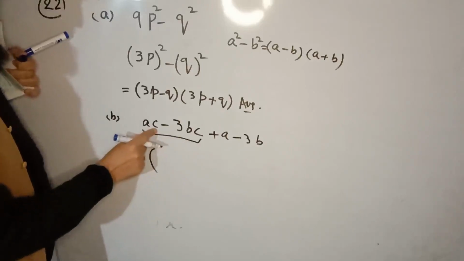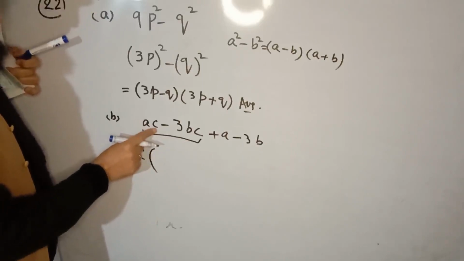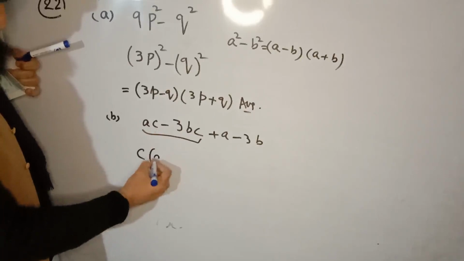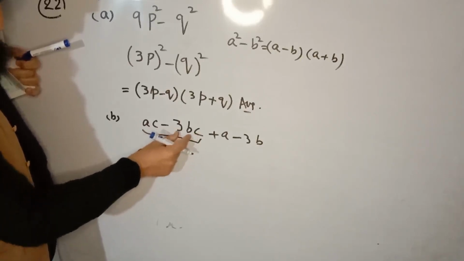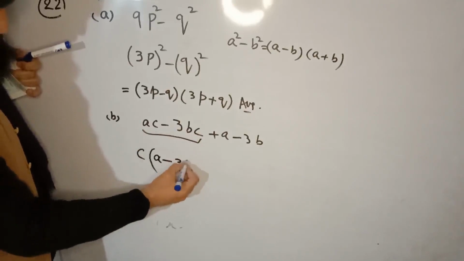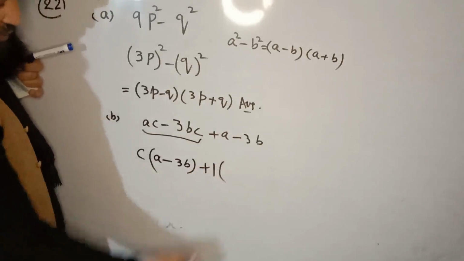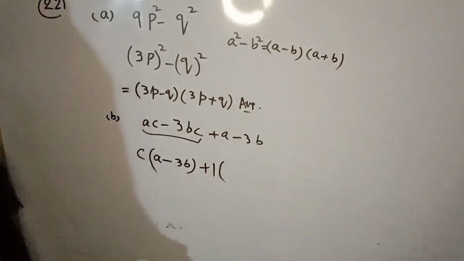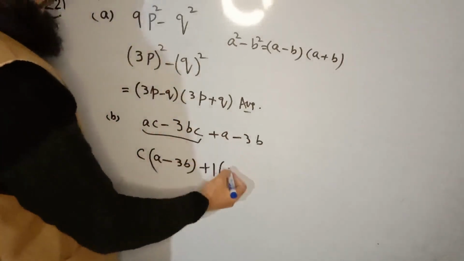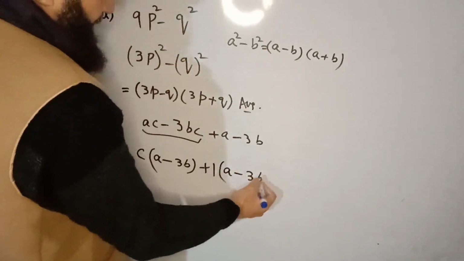We divide AC by C, C is cancelled. We are left with A here. Minus C is common. What is left here? 3B. So it is, we take 1 common, or we divide by 1. Anything can be divided by 1. 1 is a factor of every number. So 1 divided by A is A, minus 3B divided by 1 is 3B.